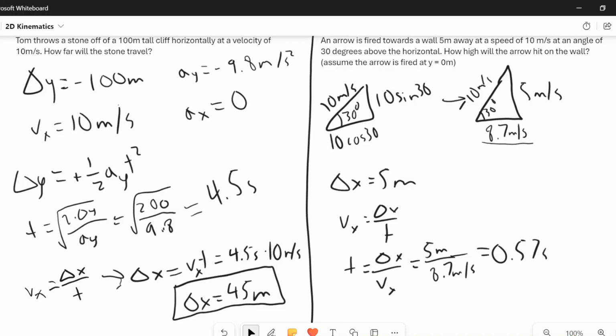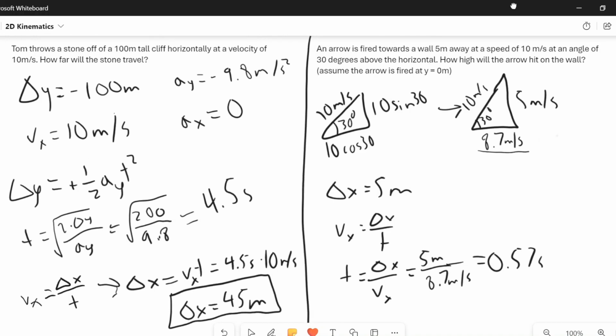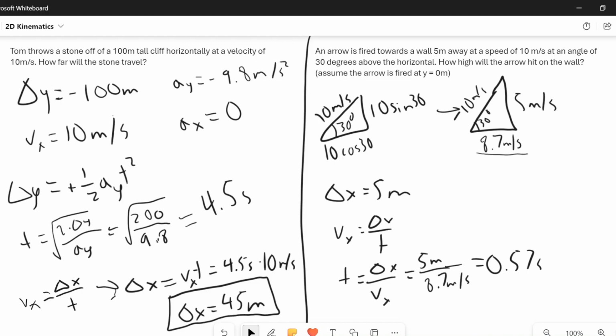Alright. So now that you have the time, we can use one of the big three equations in the y direction.